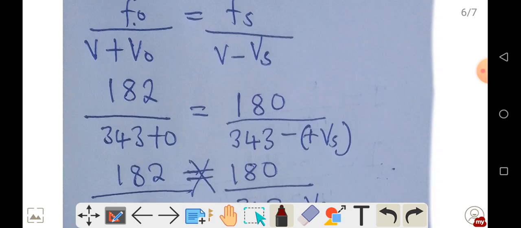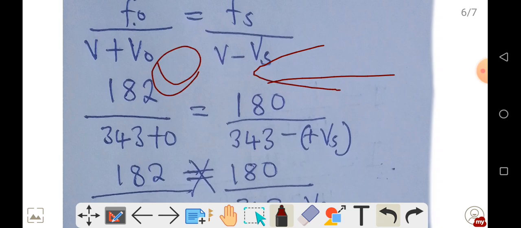Like we have mentioned previously, when you look at the observed frequency, this observed frequency is greater than the frequency of the source, which is 180. So we can tell that at this point the train was moving towards the stationary observer here.